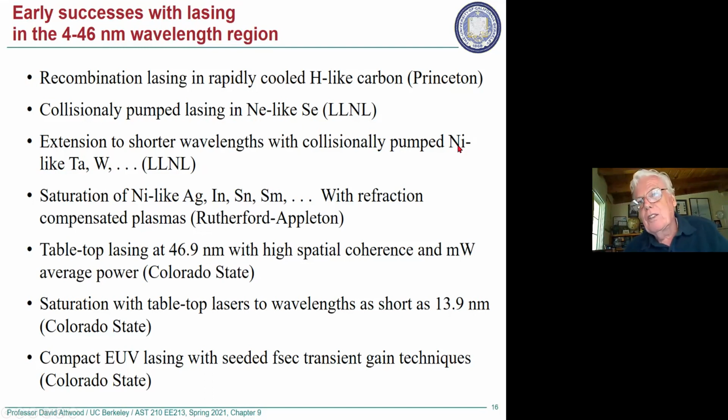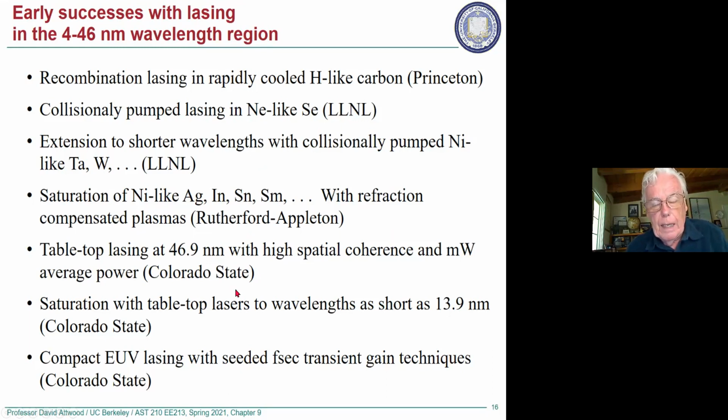Nickel-like required less energy for pumping to get to short wavelengths, and they saw lasing down to much shorter wavelengths. This was extended by the group at the Rutherford Appleton Lab in the UK, where they got these nickel-like states into saturation using silver, indium, tin, and others, okay?